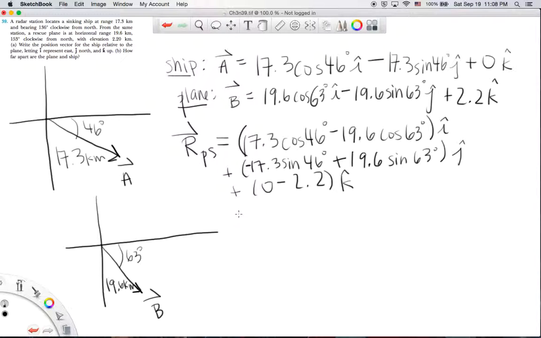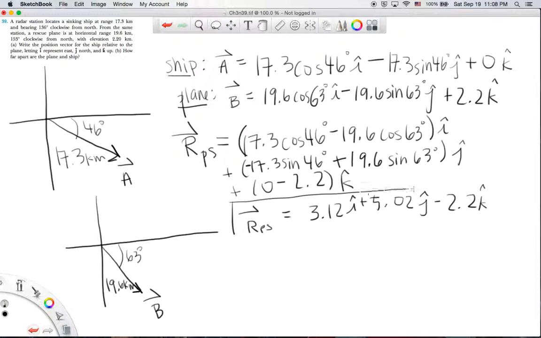So if we simplify this, we'll get that this position vector is 3.12 i hat plus 5.02 j hat minus 2.2 k hat. So this is the answer to part A.